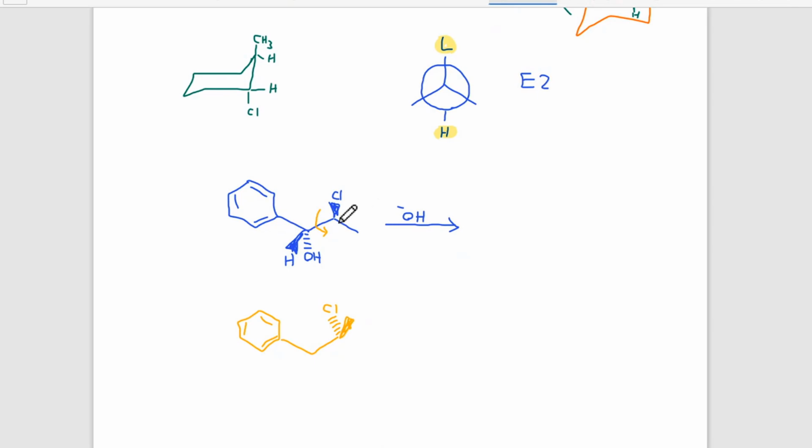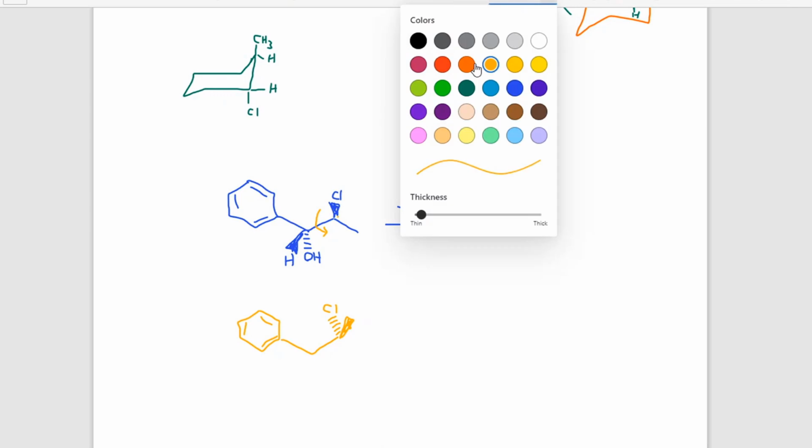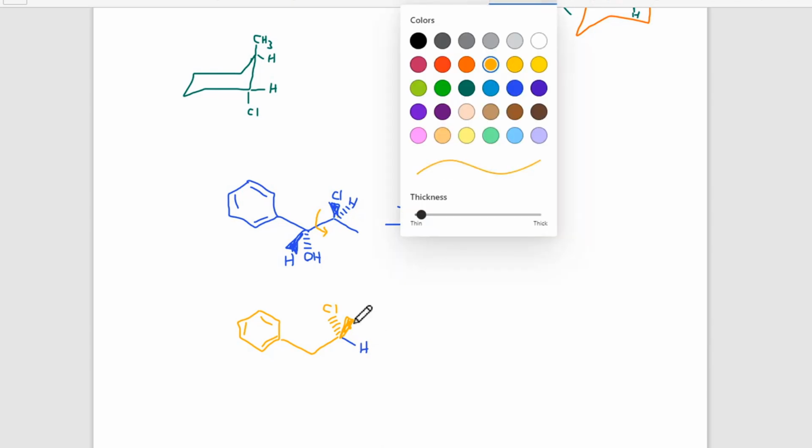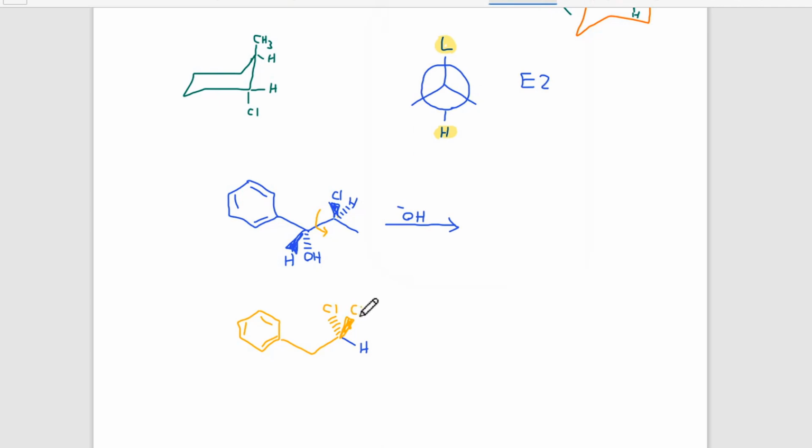Note that the other group attached to that carbon here is a hydrogen. It's just not shown. That hydrogen is down here now, and you have the CH3 up here.